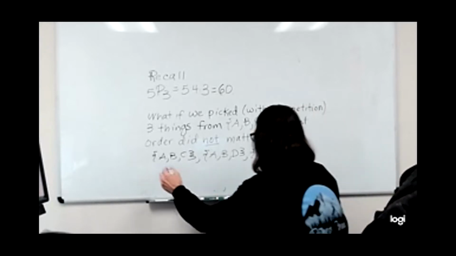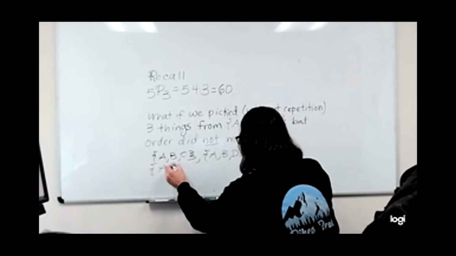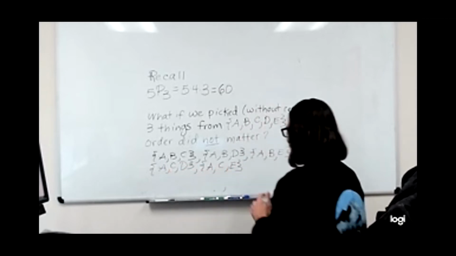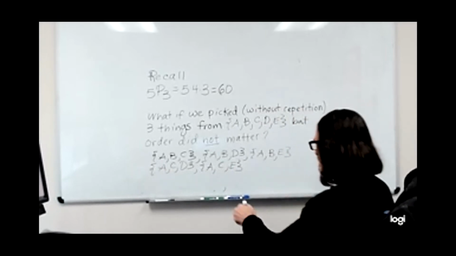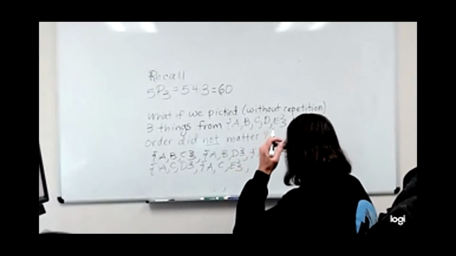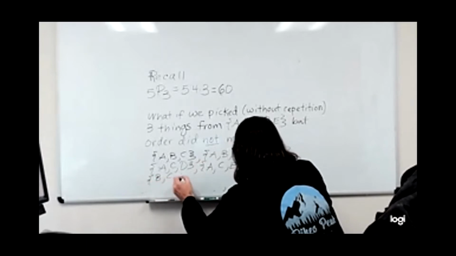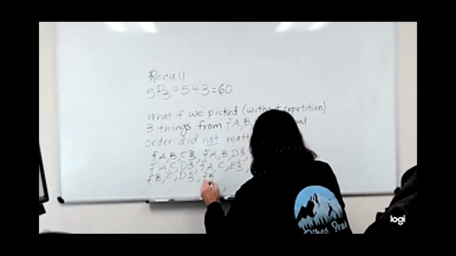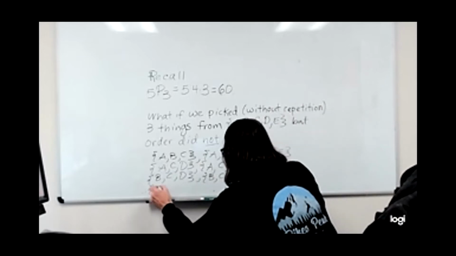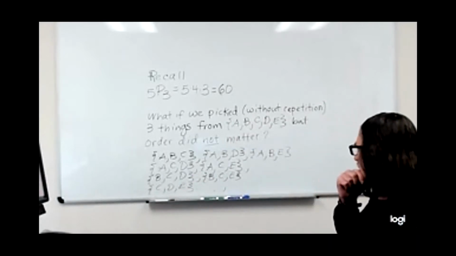Let's see here. How about A, C, and D, A, C, and E. Then let's go with B, C, and D, B, C, and E, C, D, and E. So far, I have 8.